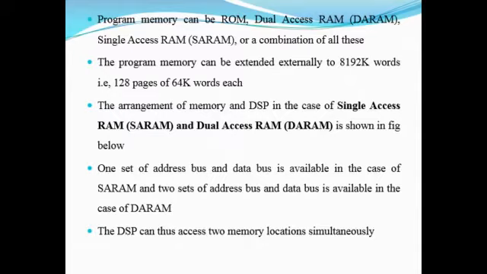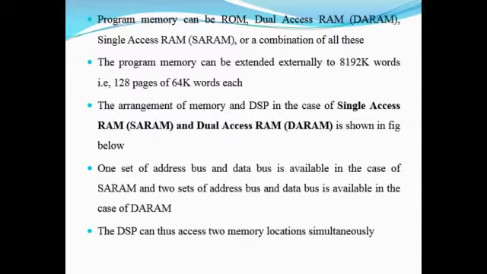So we can see that there is a single set of address bus and data bus for an SA RAM. But whenever I go with the dual access RAM, which is DA RAM, there are two sets of address bus and data bus. Hence the name single access RAM and dual access RAM, depending on the sets of address and data buses available. If it is one set of address bus and data bus, it is SA RAM. If it is two sets of data bus and address bus, it is DA RAM.